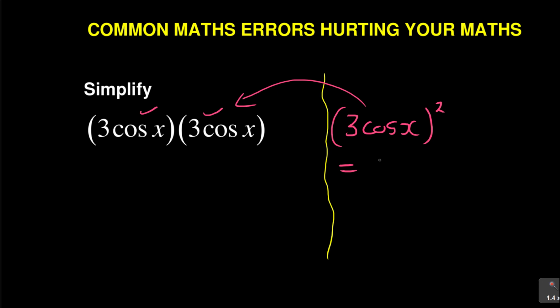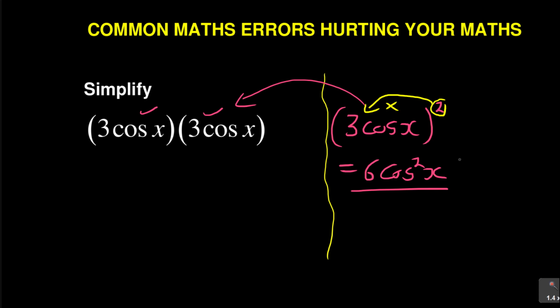They'll say 3 squared is 6 cos squared x. You see, the most common error is they think this 2 is 3 times, like it's 3 times 2 to get a 6.